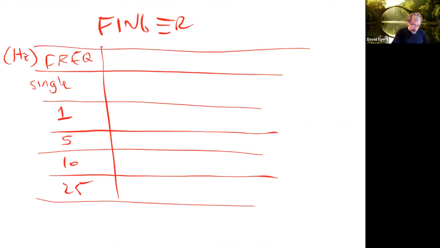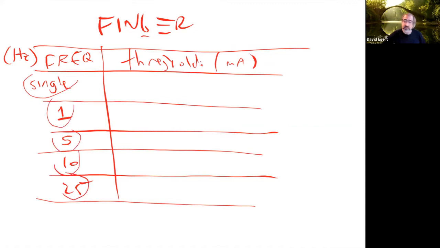And what would be the thing you're going to record for each of these conditions? What's the actual data that we'll be finding? The threshold, the milliamps. Yeah, exactly. What is that threshold for that condition, which is going to be some milliamps, the milliamps where they just barely felt it on their finger when the frequency was this.